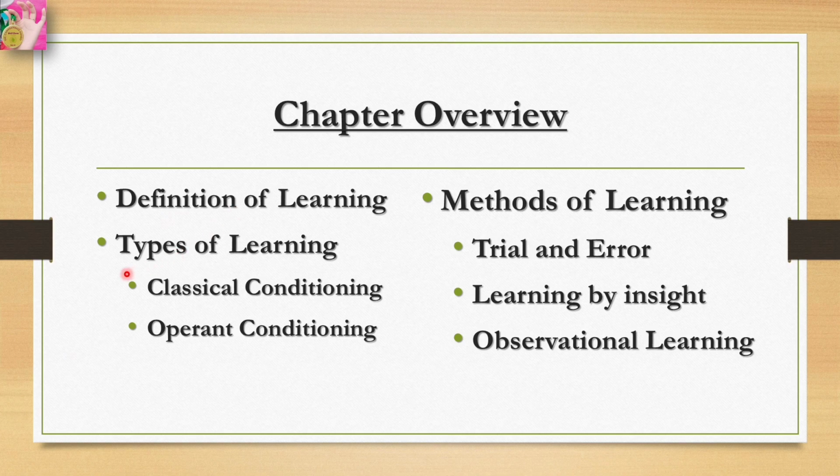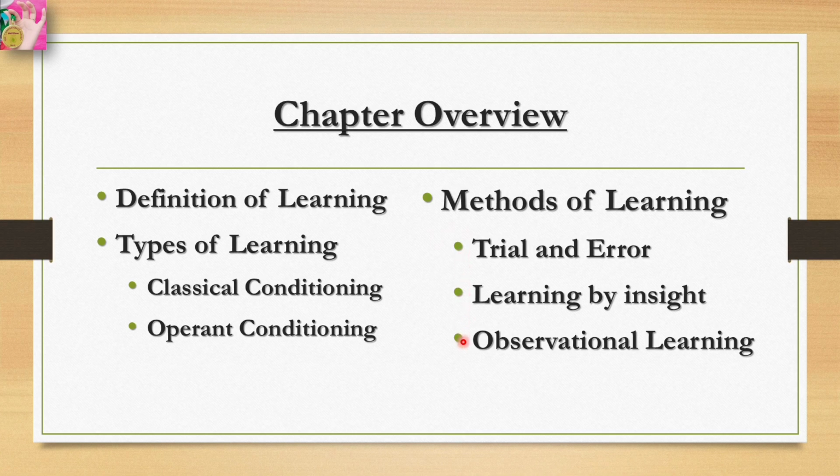After the definition of learning, in lesson 2 we will learn about the types of learning. There are two main types of learning: classical conditioning and operant conditioning. These are the two types of learning we will cover in chapter 3. Then we will move towards lesson 3, which is about the methods of learning.